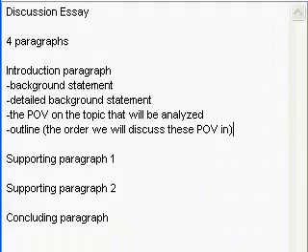So you could even just say these points of view will be discussed in this order, which means that whatever order you said them in the third sentence, that will be the order that they will appear in the supporting paragraphs.